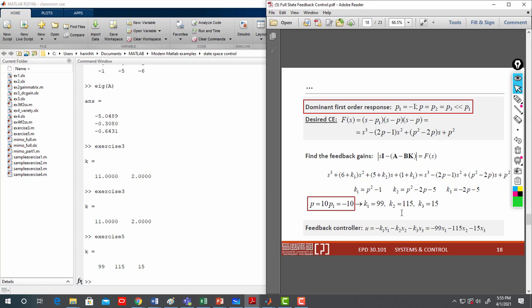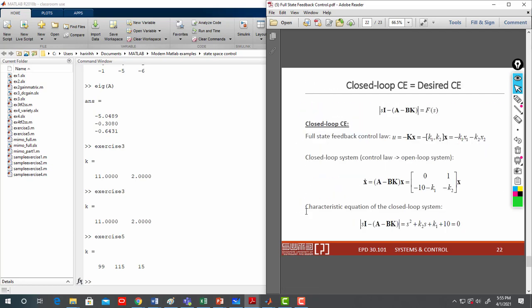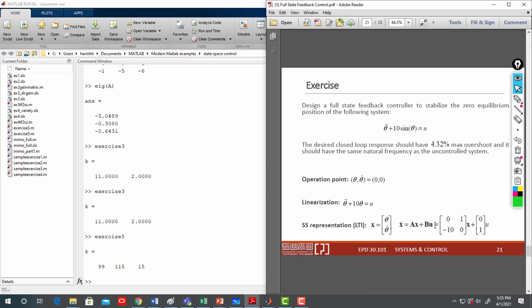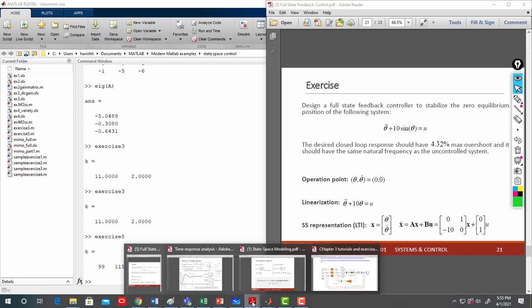So in this case 92 will move one pole to -1, 115 will move another pole to -10, and 15 will move the third pole to -10 as well. So as simple as that. In one click, you don't need to do all the calculation. And the last exercise is here. This is A and this is B. Okay.